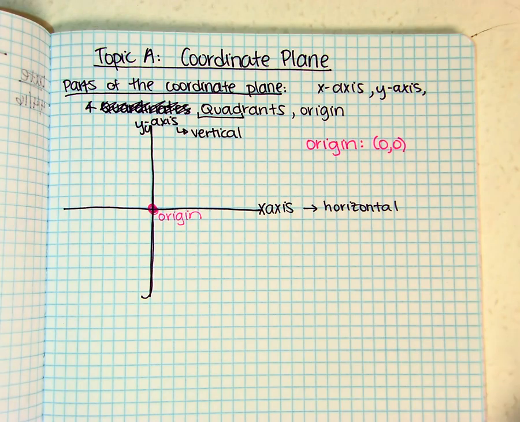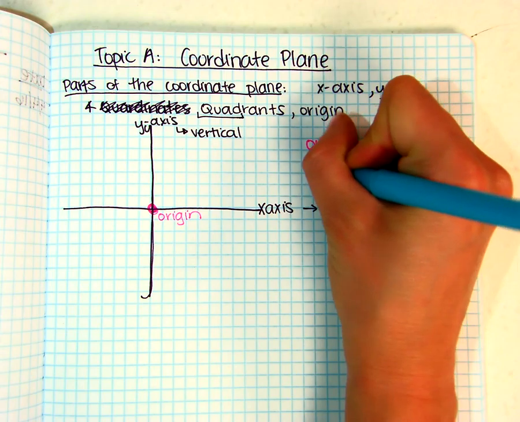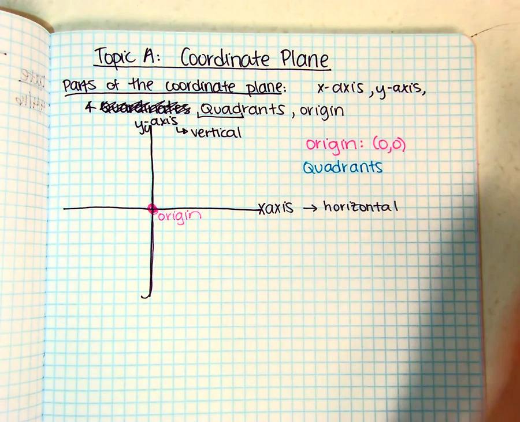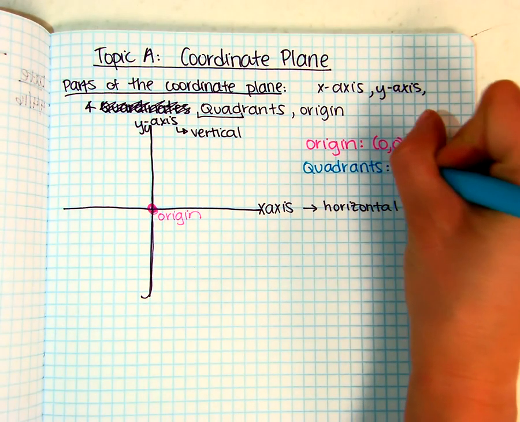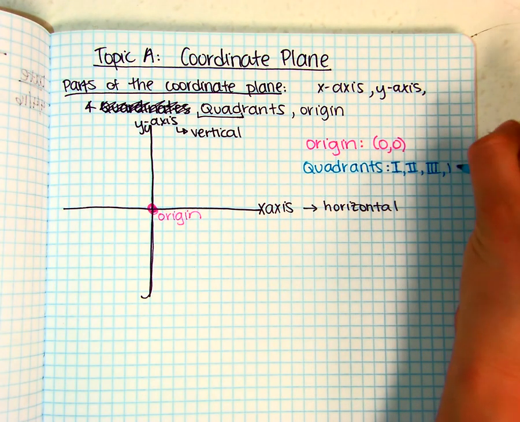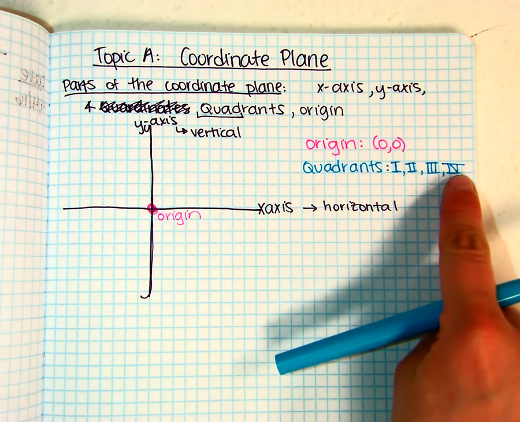And then the 4 quadrants, we actually use what's called Roman numerals. We have 1, 2, 3, and 4 is like a 1 and an I with a V next to it.